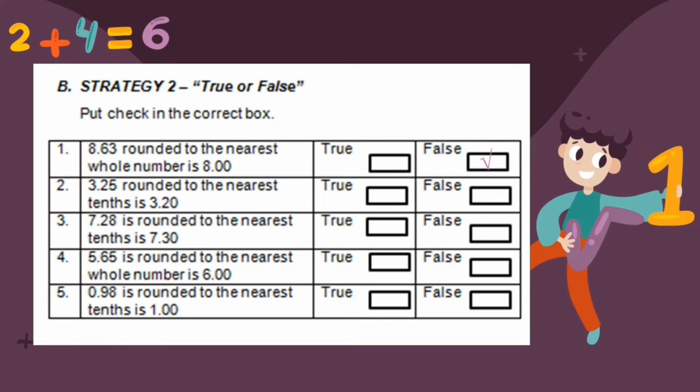Number 2. 3.25 rounded to the nearest tens is 3.20. True or false? Alright, the answer is false. Number 3. 7.28 rounded to the nearest tens is 7.30. True or false?